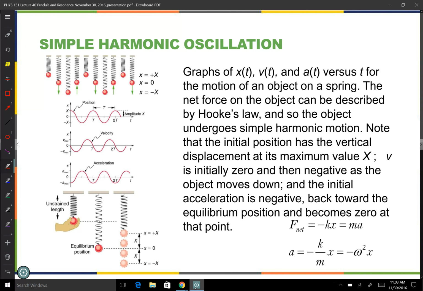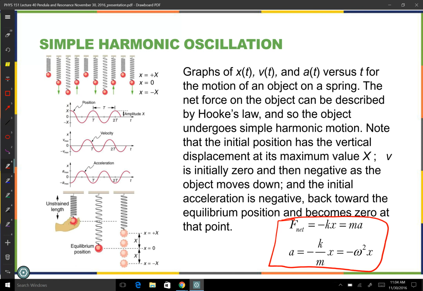The final thing here, these are important equations that I repeat on the next slide. Based on the work on this slide, we had that the acceleration is minus k over m times the displacement.